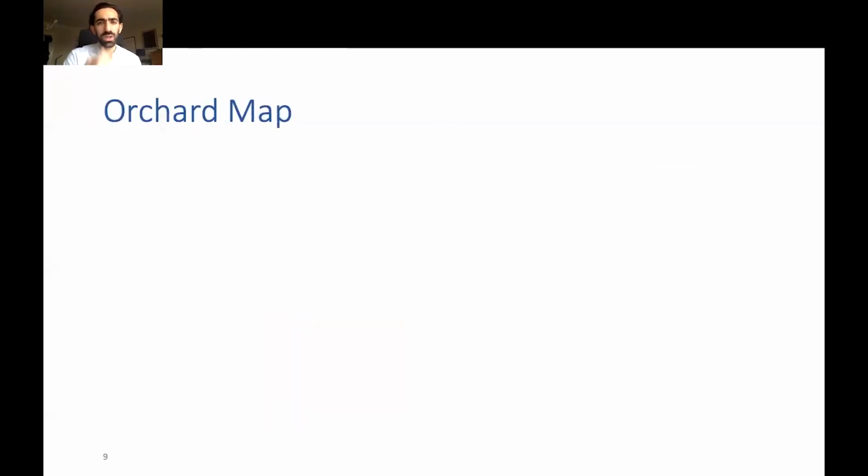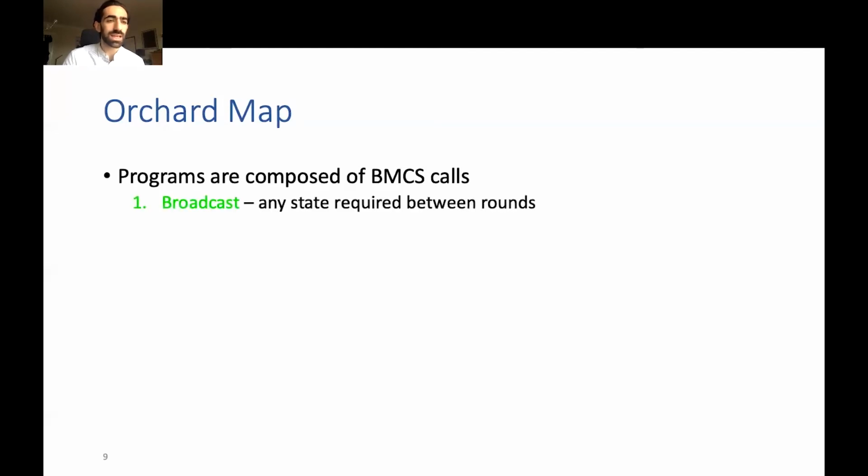Now, how do we actually proceed with the conversion? So we think of programs as being composed of BMCS calls, which is representative of one entire Honeycrisp aggregation. So this acronym is composed of the following four things. One is broadcast, so this is the broadcast of any state required in between rounds. Map is, again, the local function that each user will apply to their data.